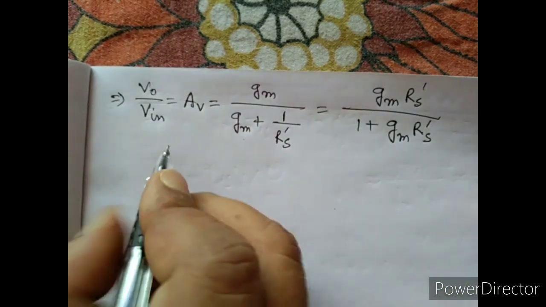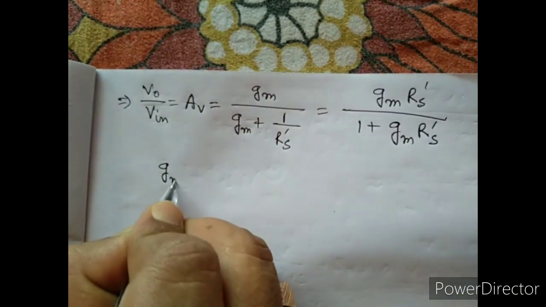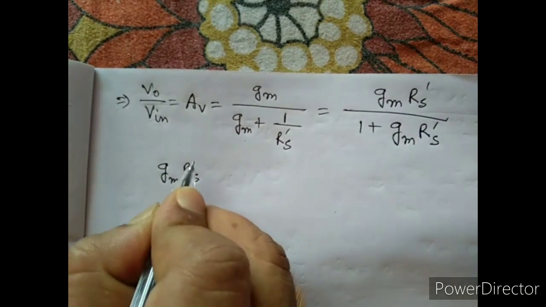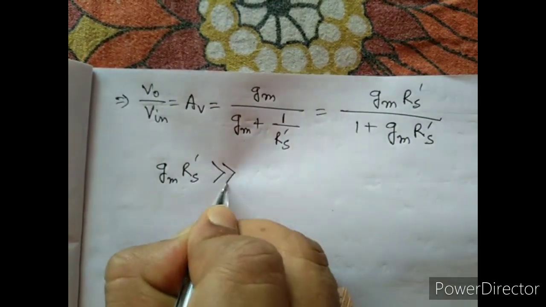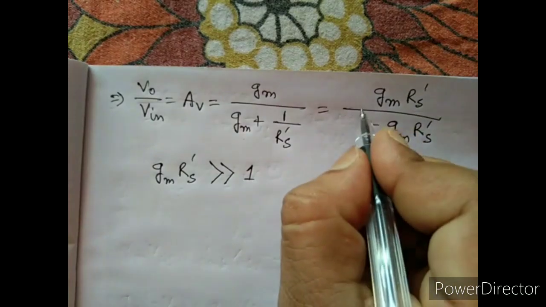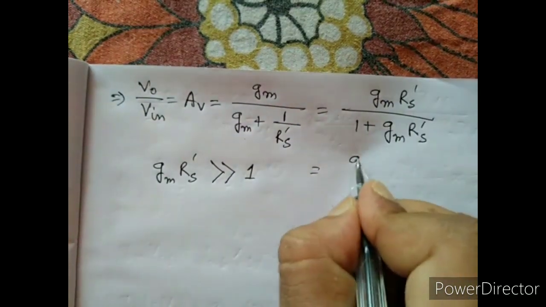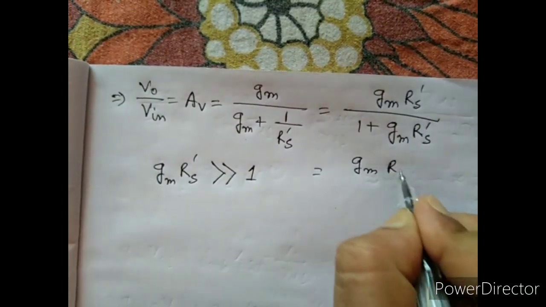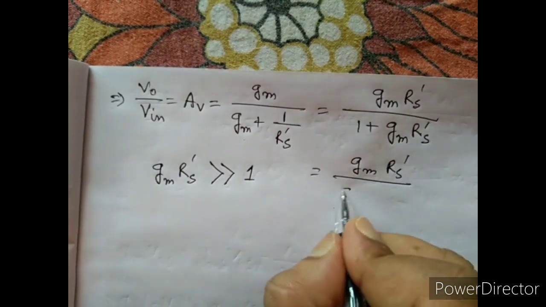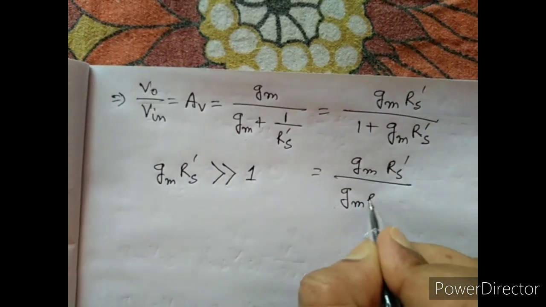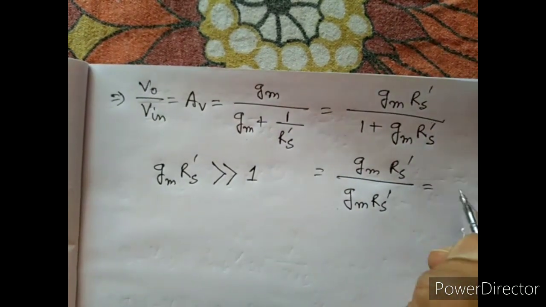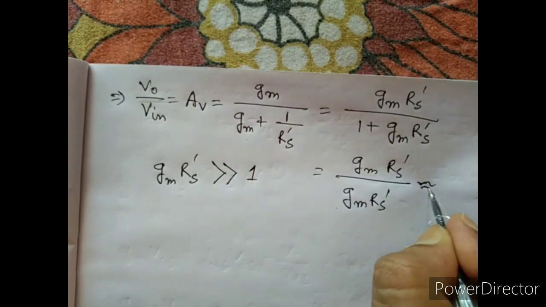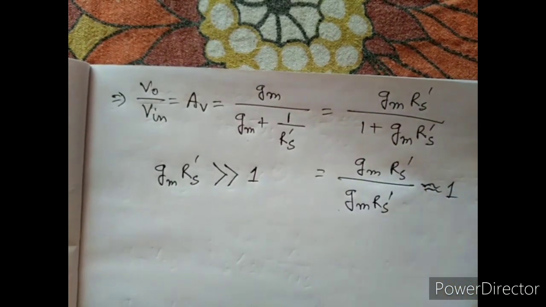Naturally gm RS dash is greater than 1, so gm RS dash by gm RS dash is more or less equal to 1.